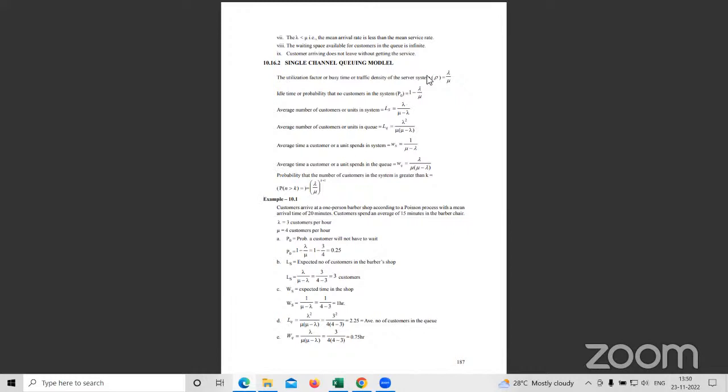See, in queuing model or queuing theory, most of the questions will be in this format. So you need to remember these formulas. What is there?